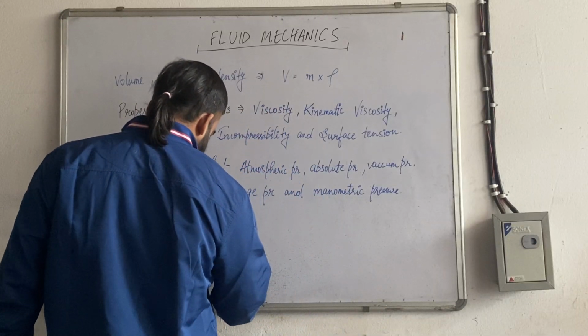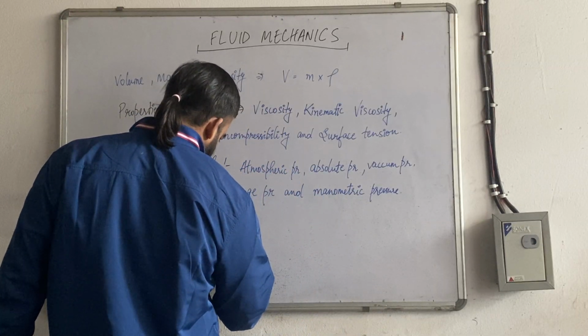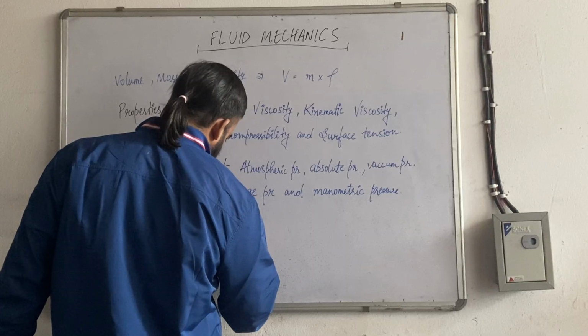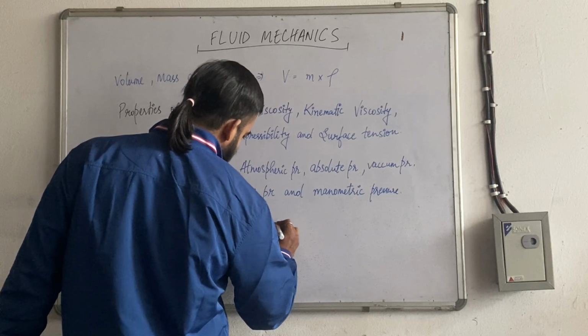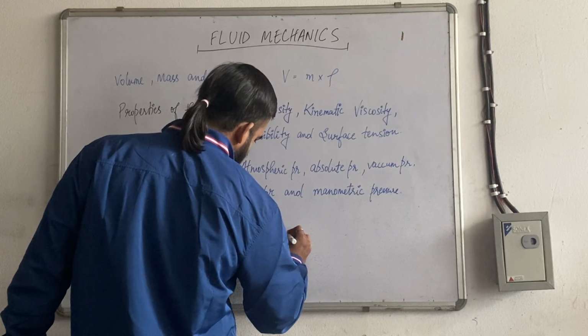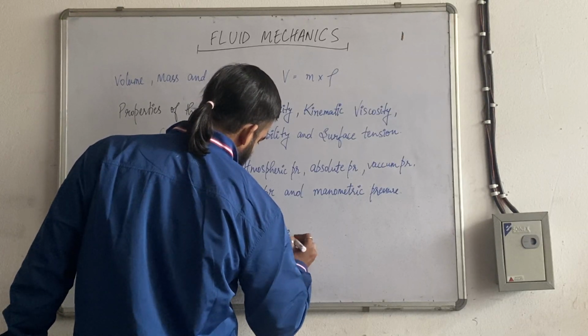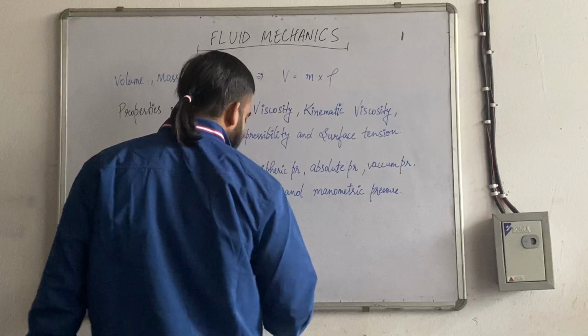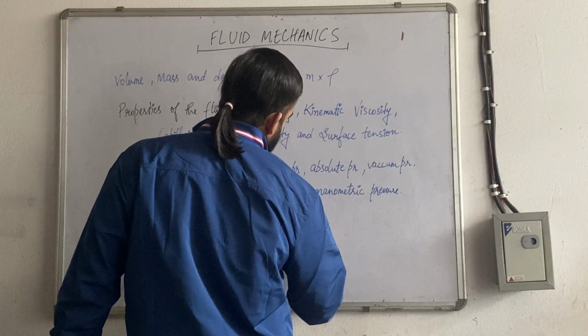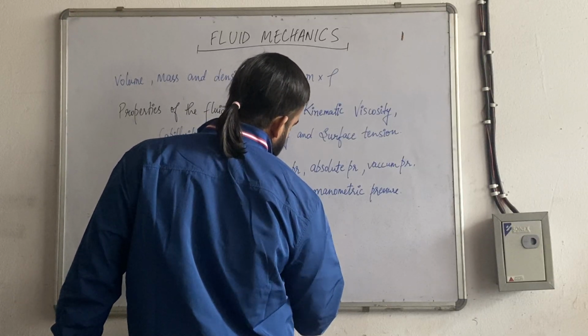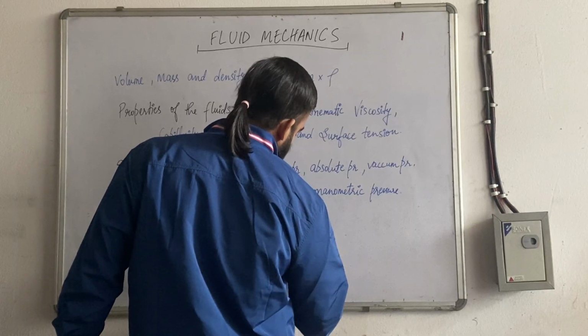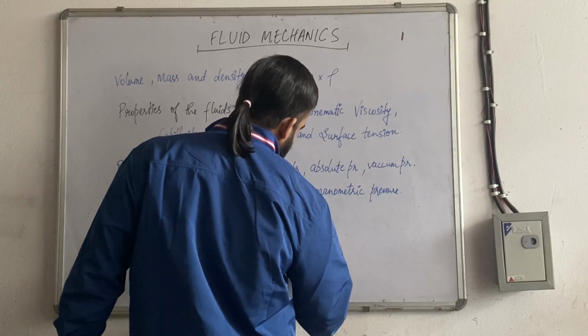All of us know the formula of pressure, which can be termed as force divided by area or surface area. The units can be written as Newton per mm square.